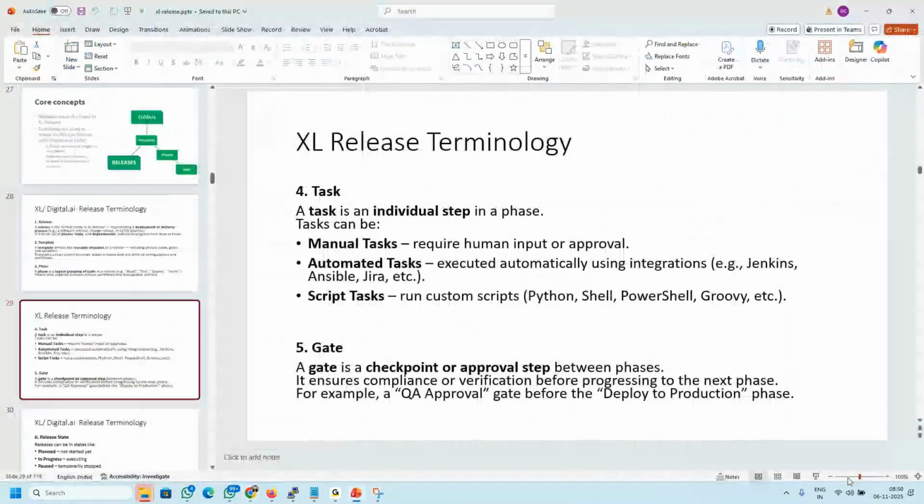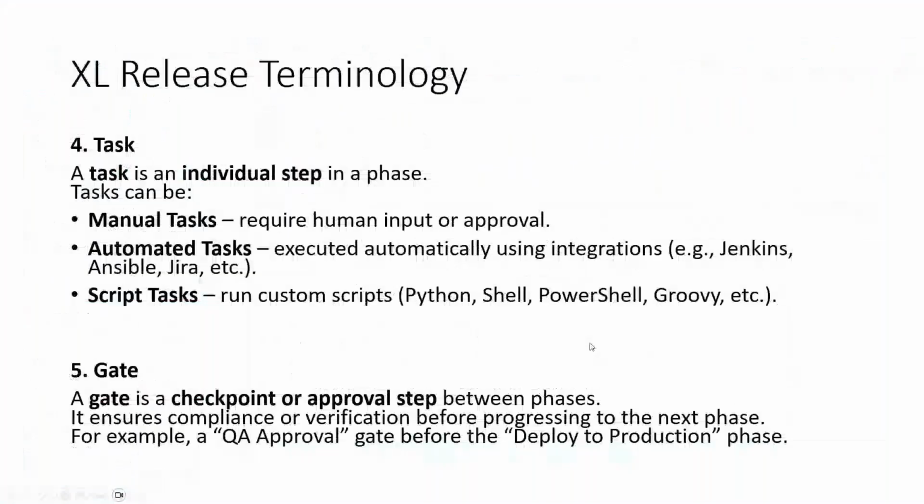So let's say you have two phases, and before you go from one phase to another, you want to send some notifications or maybe some approval. How do you do that? That's where we set up the gate. A gate is a checkpoint or approval step between the phases. It ensures compliance or verification before progressing to the next phase.